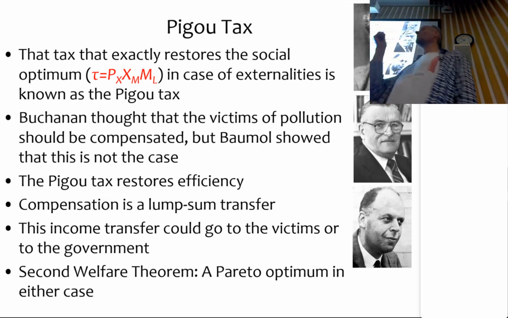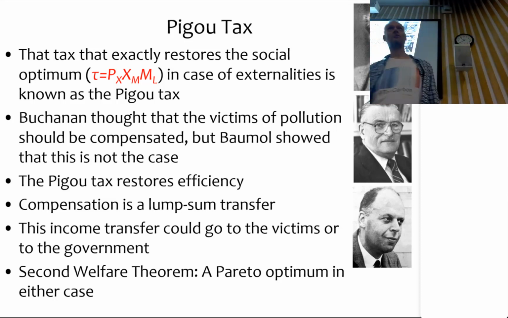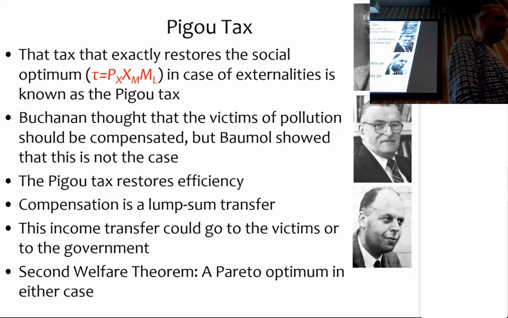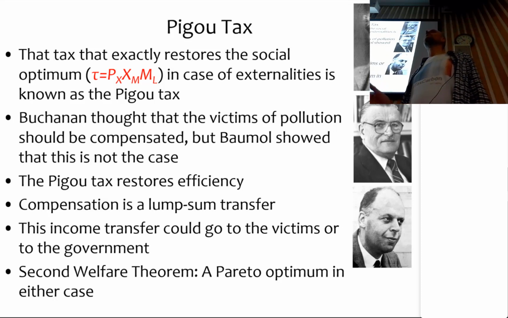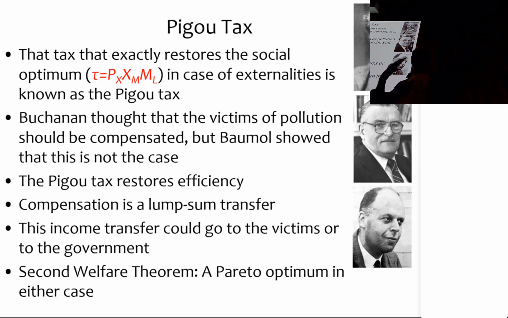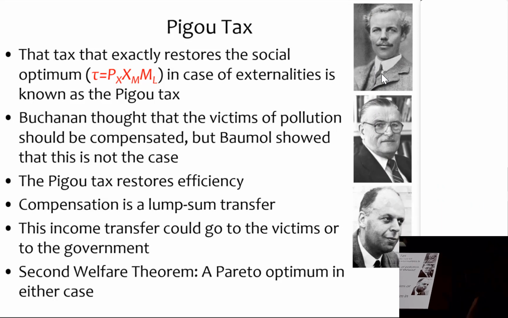Or maybe the Pigou tax is paid directly to those who suffer the consequences from pollution. This is not true. What matters is that you pay the damage that your pollution does at the margin. It doesn't matter who you pay to. And it was Baumol, who you see here, who showed that Buchanan was wrong. Buchanan won the Nobel Prize, and Baumol did not, to a lot of people's, including his, chagrin.